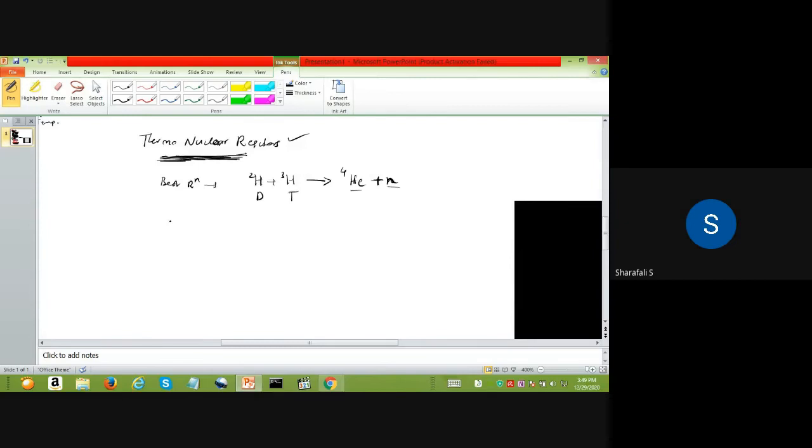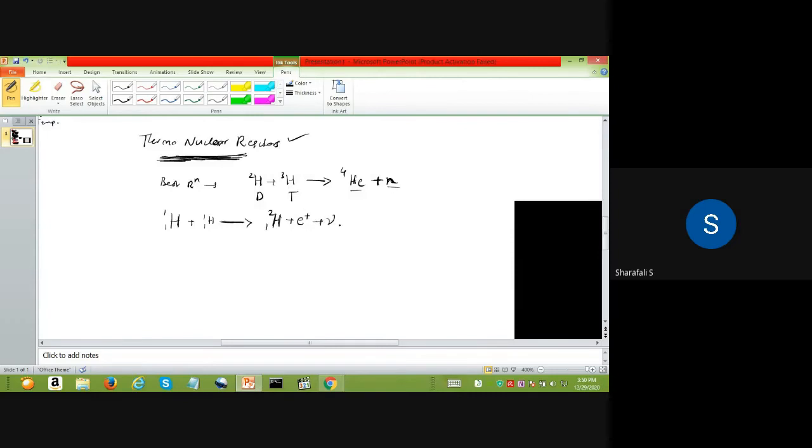You can also consider H11. What happens in this case? In this particular case, that is proton. For the proton case, you will get two protons combining together, and you will get one proton and one neutron, that is deuteron, plus e plus, that is a positive beta decay.